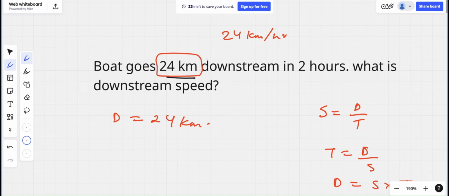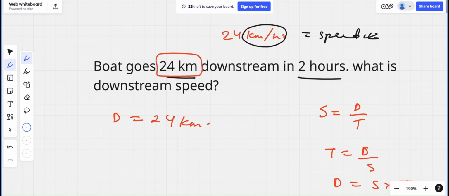It's so easy to get confused and think maybe this is the speed of the boat, but it's not. Check nicely whether per hour or per second is written. Only when per hour or per second is written does it mean speed. This is how to identify it. Since only kilometer or meter is written, it means distance.